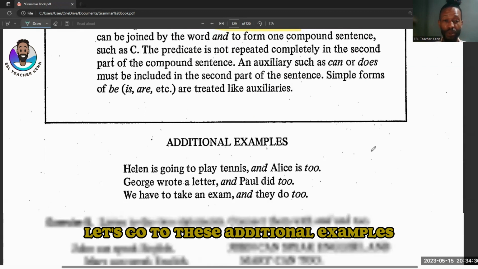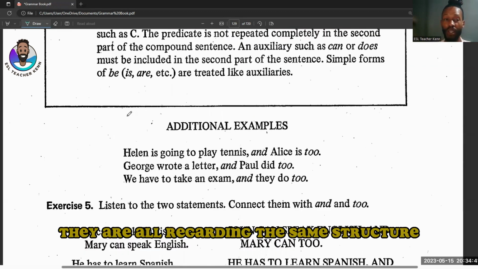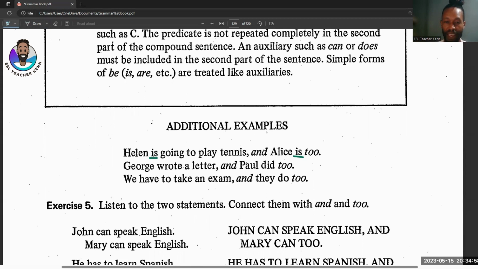Let's go to these additional examples. They are all regarding the same structure. Helen is going to play tennis and Alice is too. So right here, "and," "too."